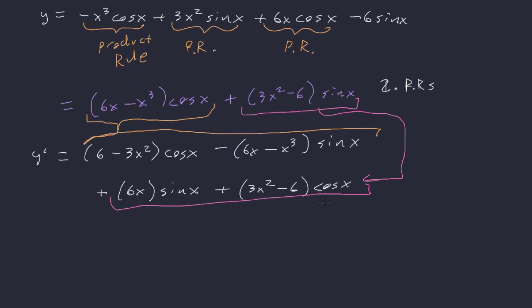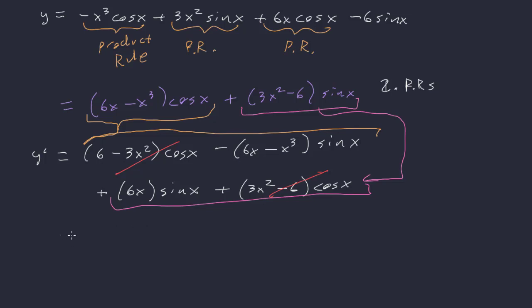Okay, and we could simplify this down some. You'll notice that you have a 6 minus 3x squared cosine and plus a 3x squared minus 6x cosine. So those are actually going to cancel. Okay.